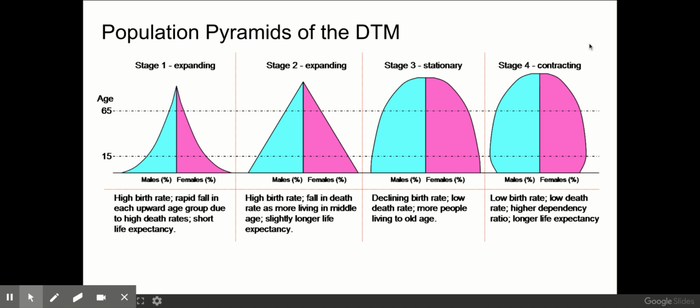So that is what each population pyramid of the demographic transition model looks like. We'll talk about the 5th stage, so don't worry about having to draw anything for that right now. All I want you to sketch is each of these 4. So that's what you should be drawing on Jamboard slide 10.